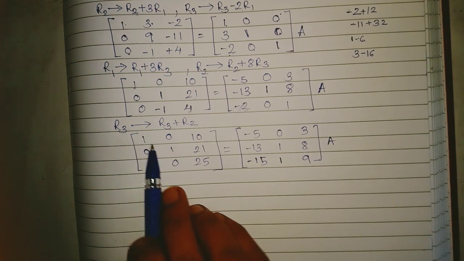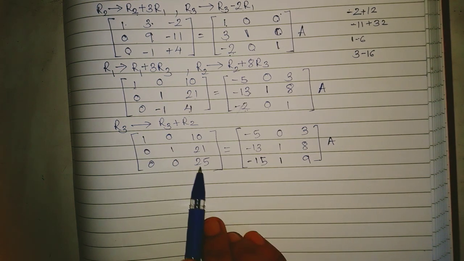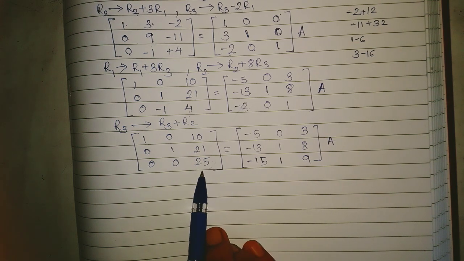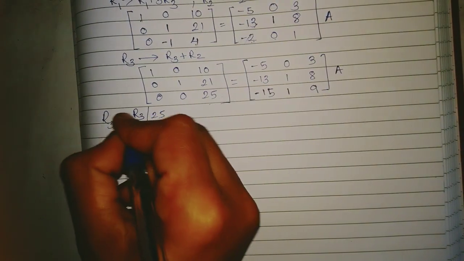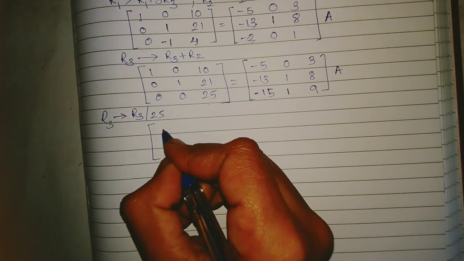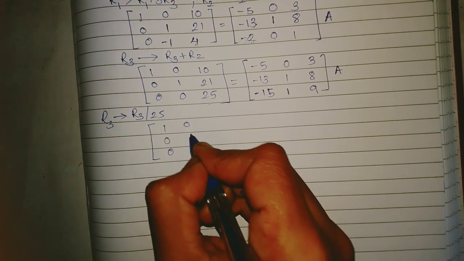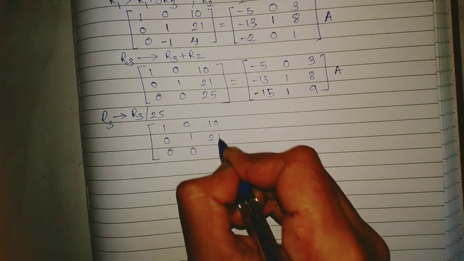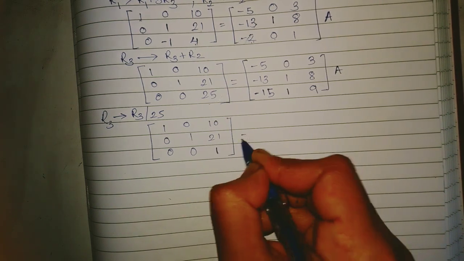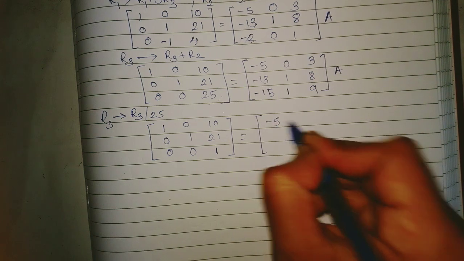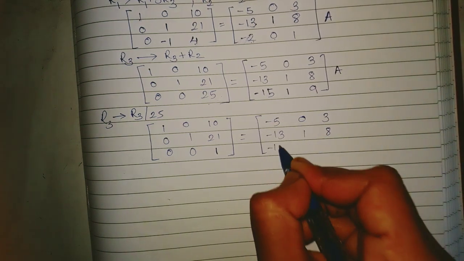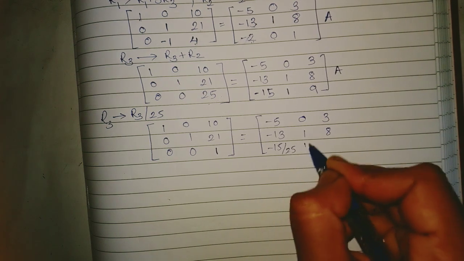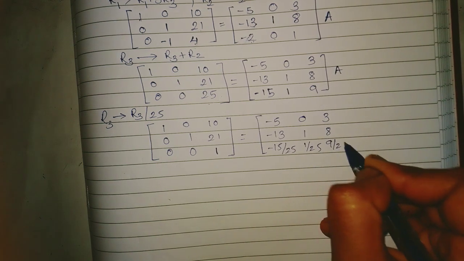Okay, now this is 1 0 0, 0 1 0. Now you have to make this as 1, so divide R3 by 25. So 1 0 0, 0 1 0, 10 21 1, minus 5 0 3, 8 minus 15 by 25, 1 by 25, 9 by 25.